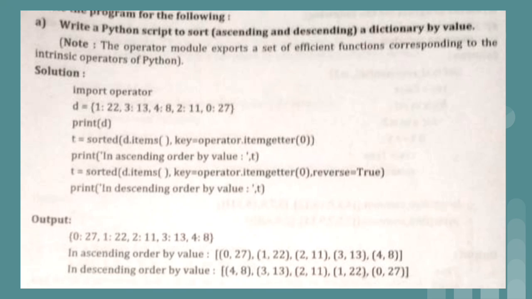Like itemgetter we have one more method also, that is attrgetter, the attribute getter. In this case we have used numbers as key values, but sometimes we have multiple values present inside a dictionary. For example, we have 3 keys like id, name, and suppose age.